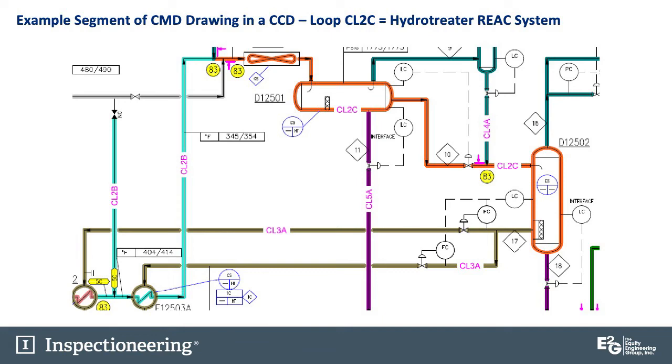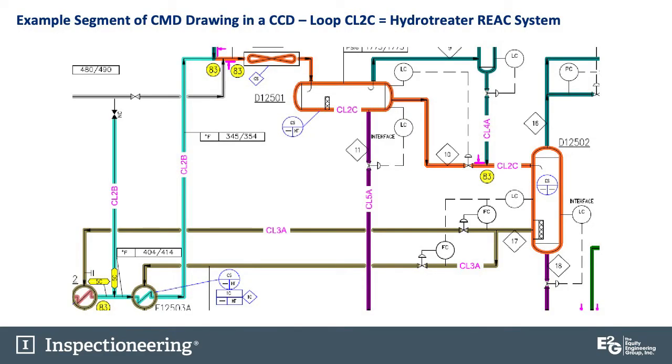There are many different ways and interpretations on how best to break loops and systems. It's perhaps not all that important as long as you've got the damage mechanisms well covered and recommendations around inspection and operational controls to minimize or control damage to the best extent possible.